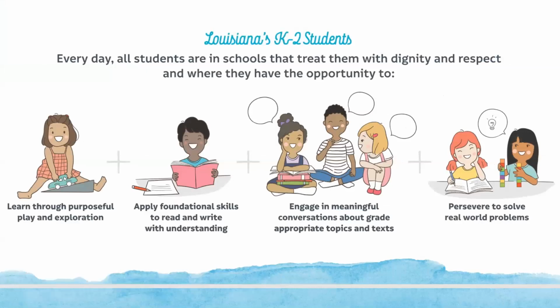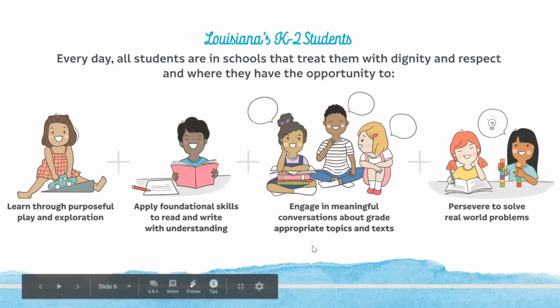We also believe that CLASS clearly aligns with Louisiana's vision for our K-2 students, and you'll see that vision on this slide. All of these goals that you see are embedded in the domains and indicators that frame the CLASS tool. By using a tool like CLASS that is grounded in the same missions and goals, we can ensure that our students are successful and ready for the next grade level.